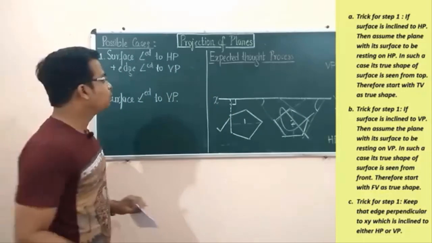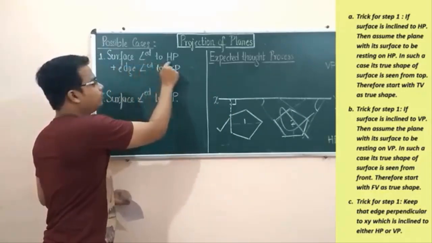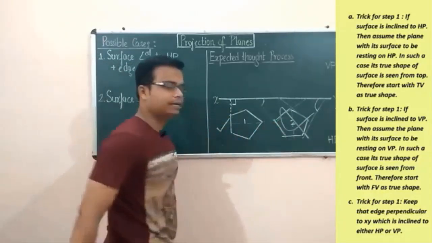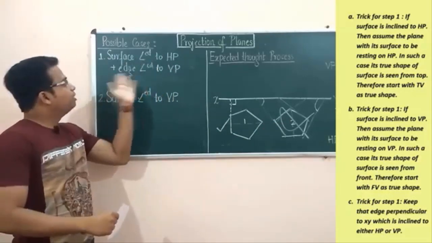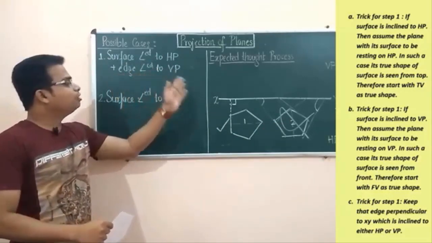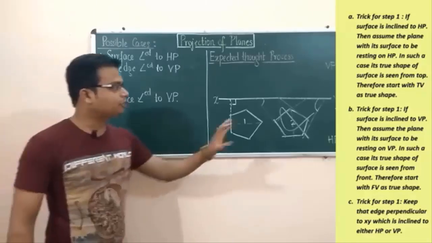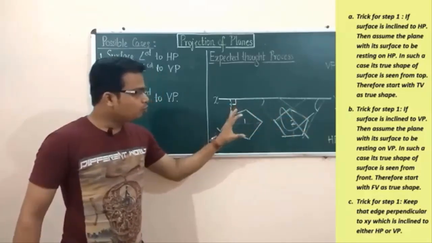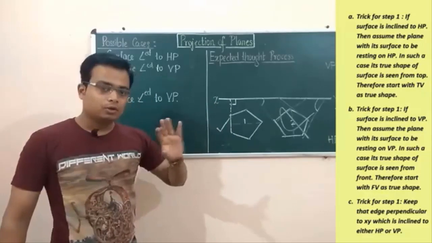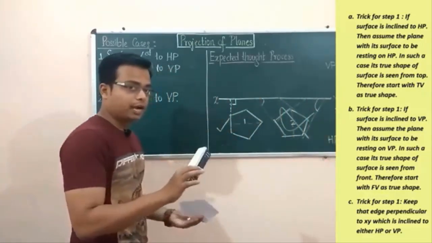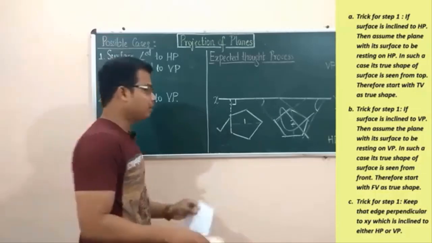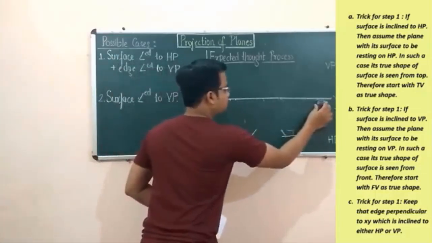So if in the description only this much is given, surface is inclined to HP, both the options are absolutely correct. If in the description there is some more addition in the form of edge inclined to VP also, then you have to reject option 2 and go for option 1. That's it. Let me rub this, and you can note this down. Pause the video and note whatever I have said till now.